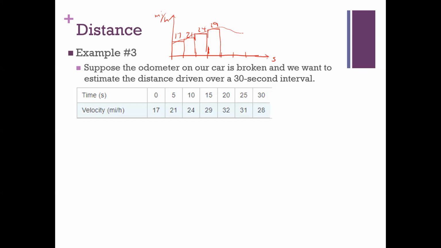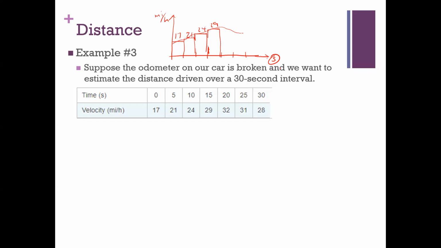So is there a better way that we can express something like 17 miles per hour? What's a better way for us to think about that? Yeah, I'm going to keep seconds. So let's convert the vertical axis.